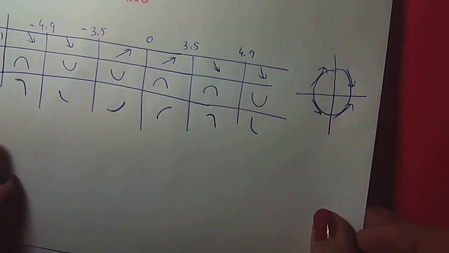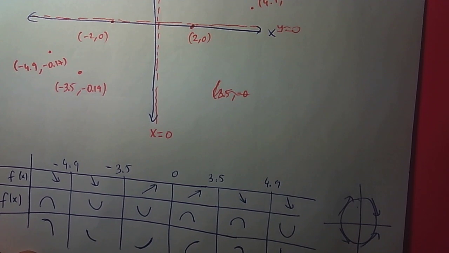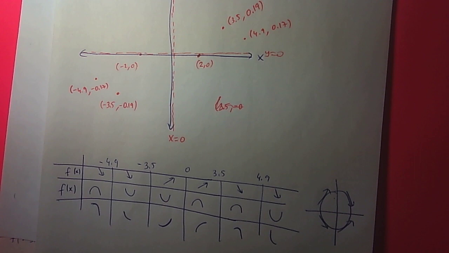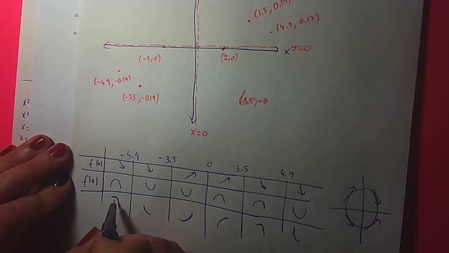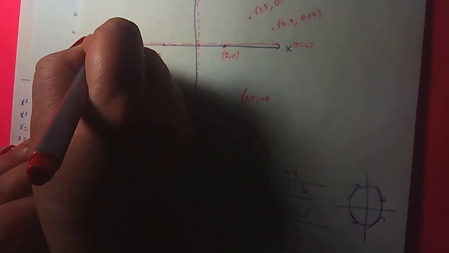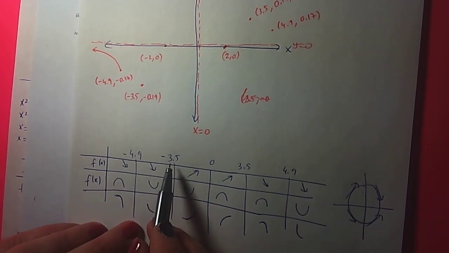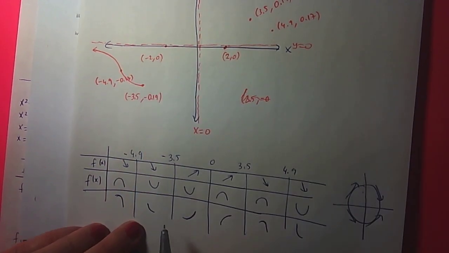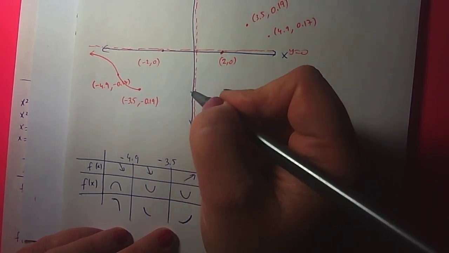Okay, now let's apply this information to our graph. When x is between negative infinity and negative 4.9, it is going to look like this. Make sure to approach the asymptote. Between negative 4.9 and negative 3.5, it should look like this. Between negative 3.5 and 0, it should look like this.